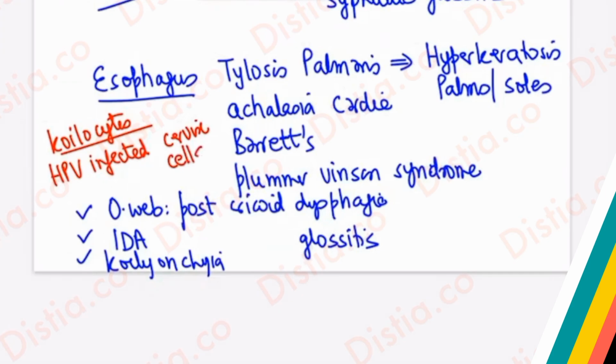So human papilloma virus infected cervical cells or cervix cells are called as coilocytes, whereas coilonychia would basically mean spoon-shaped concavity in the nails. Leukonychia is a feature where white nails are found in patients of liver disease, whereas coilonychia is a spoon-shaped concavity, grossly opposite of clubbing, where you will be getting a convexity.